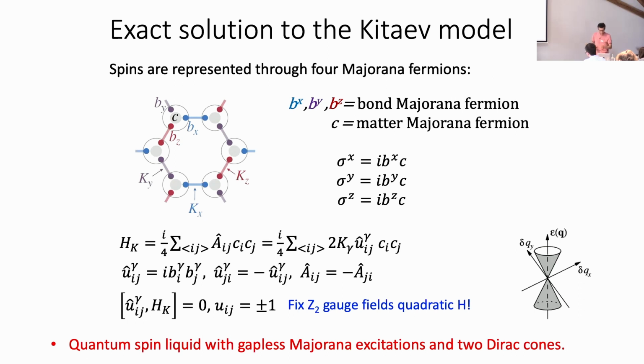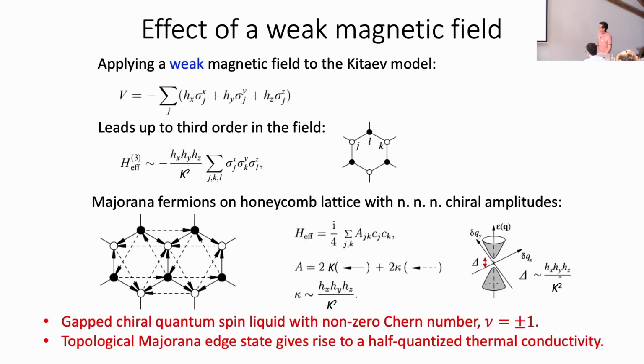Okay, so by doing that, Kitaev found this spinless quantum spin liquid, which has 2 Dirac cones. And so under a magnetic field, as was also shown by Kitaev, a weak magnetic field on the Kitaev model essentially leads to a next nearest neighbor interaction, which has a flux, basically.